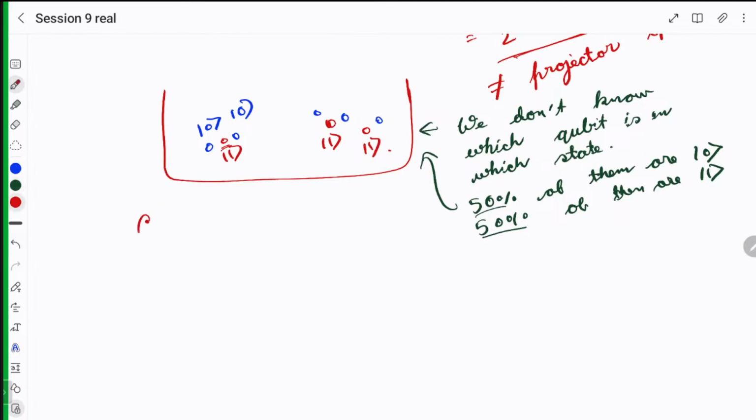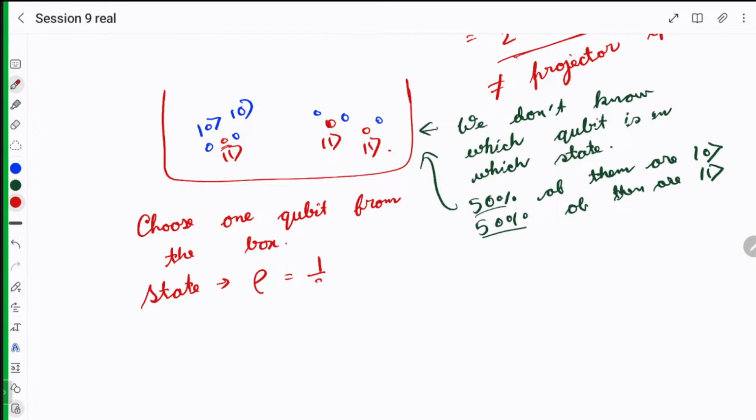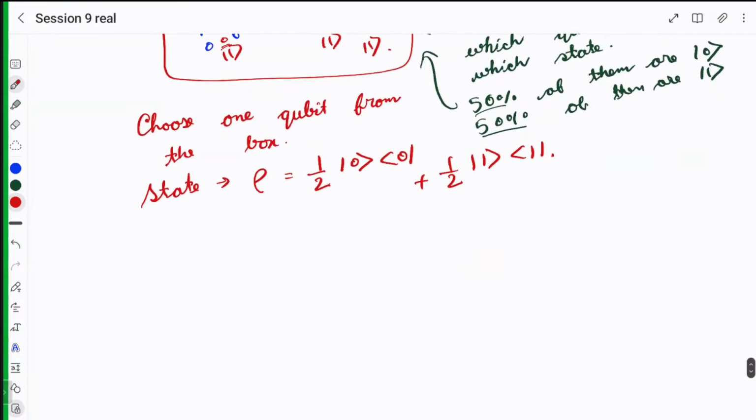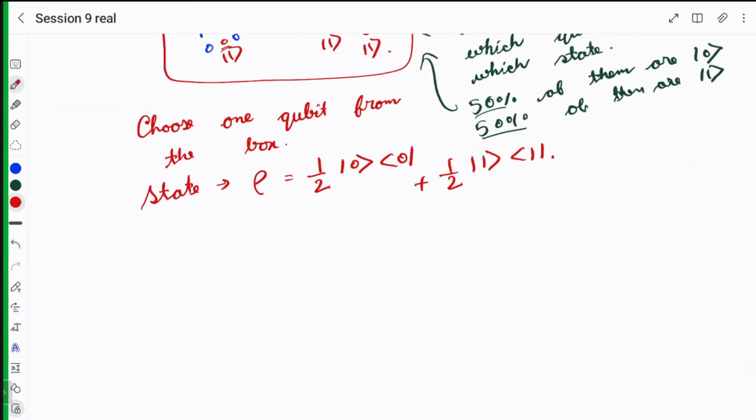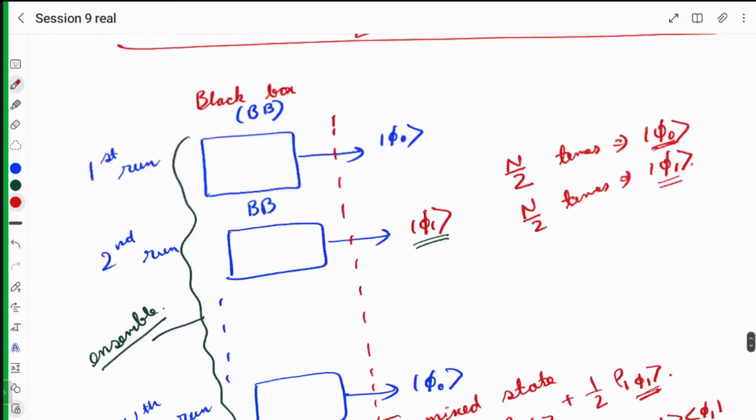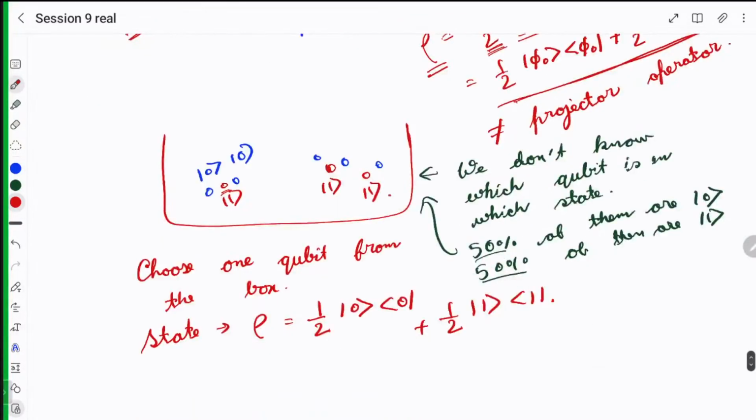So if I choose one qubit from this box, the state of the qubit will be given by the density matrix, which would be half probability Ket 0 outer product, with half probability Ket 1 outer product. Is this okay? So do you guys agree that these two situations are exactly equivalent?